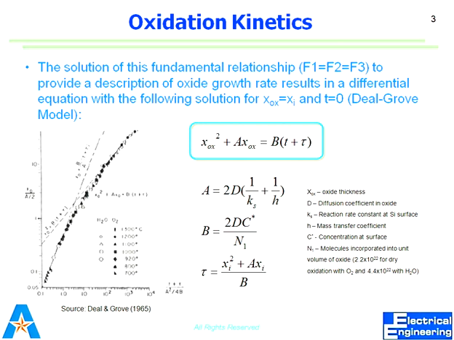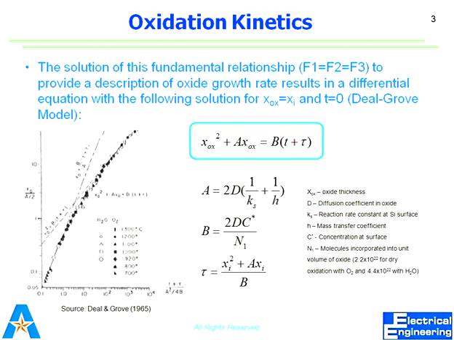Okay, so this is the equation that we come up with after a long mathematical solution, that is x square. This x is the oxide thickness. Keep in mind that this Deal-Grove method is to model the reaction rate of the thermal oxide layer. The reaction rate means how fast the oxide layer develops.